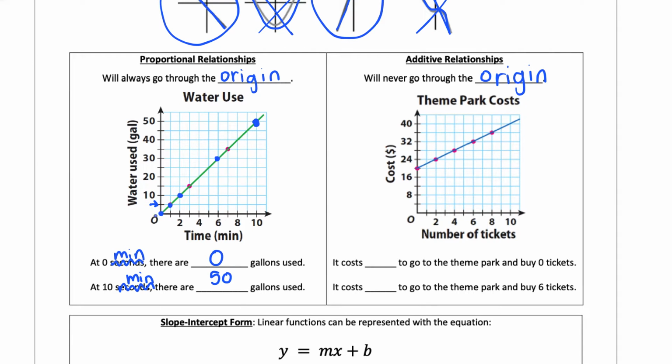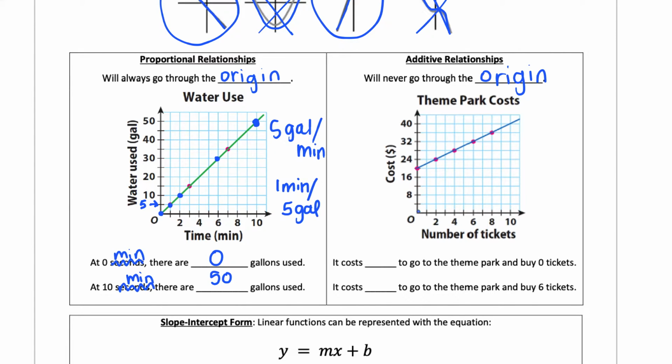It's halfway between 0 and 10, so that would mean that in 1 minute, you use 5 gallons. So the unit rate for this would be 1 minute for every 5 gallons, or 5 gallons per minute.